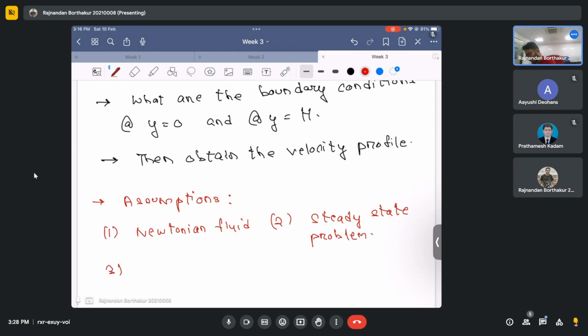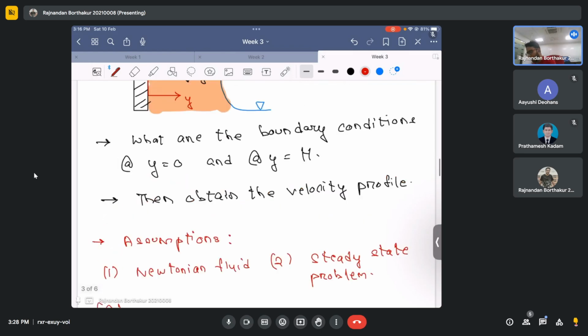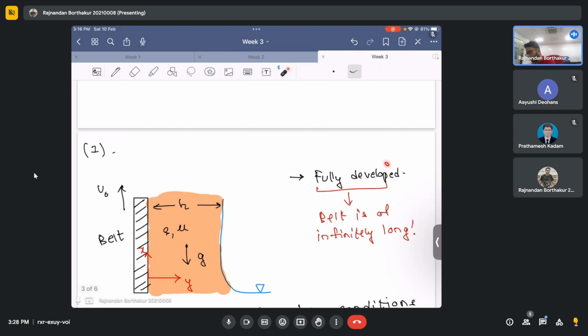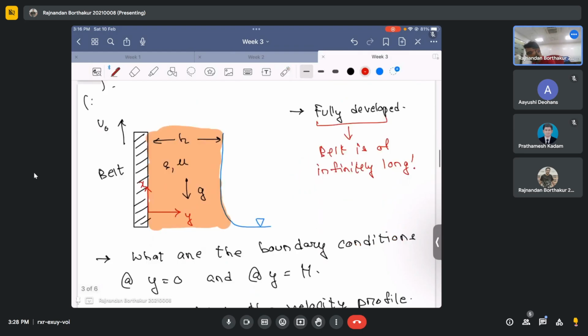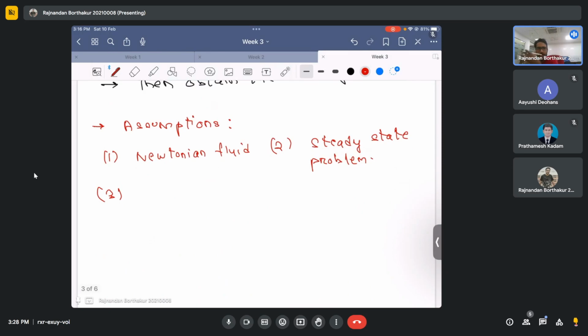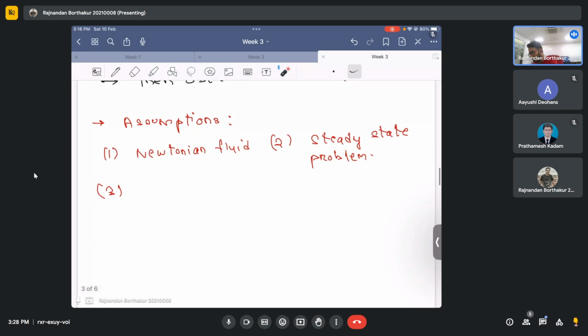The third assumption, something I have already said, is that it's a fully developed flow. This means that the belt is so long that its end effects, whatever physics happens at the beginning and end of the belt, we are not taking into consideration.